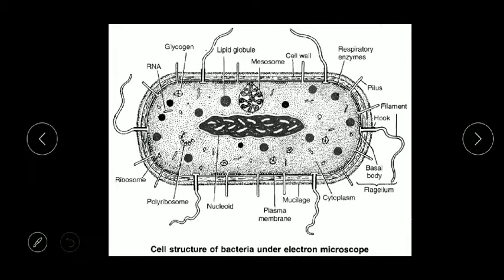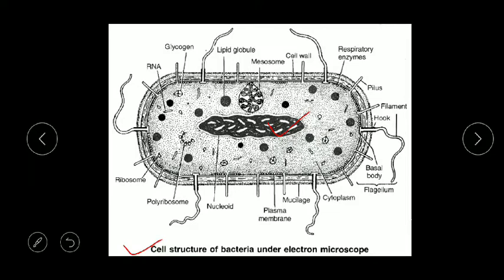Now, if we study monerans, first we should understand the structure of a prokaryote or a moneran or a bacteria. This is the cell structure of a prokaryote, and we should understand this diagram. In this diagram, you can see that there is a nucleoid.